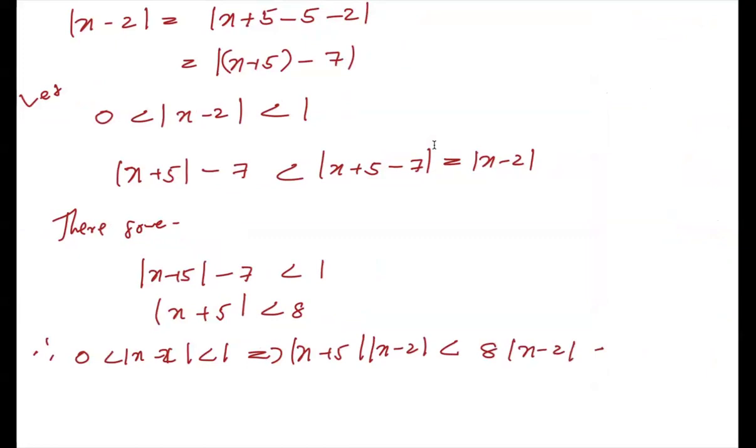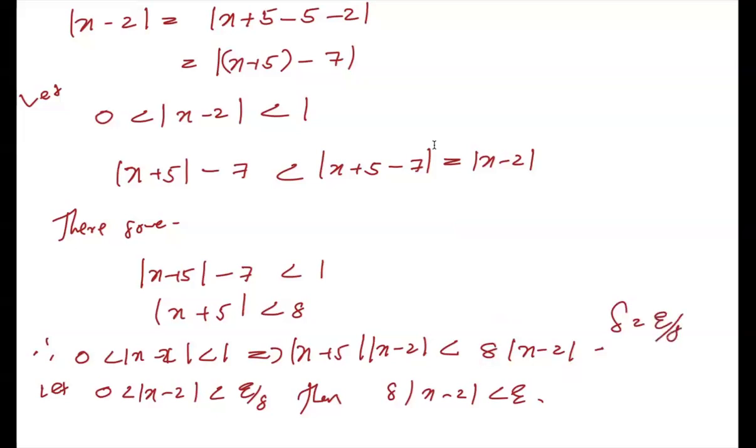So then, if we take our delta, let |x minus 2| be, let's say, epsilon over 8, then 8 times |x minus 2| is less than epsilon. So this is my second delta that I need to choose, because if I get my delta to be epsilon over 8, it's game over, right?